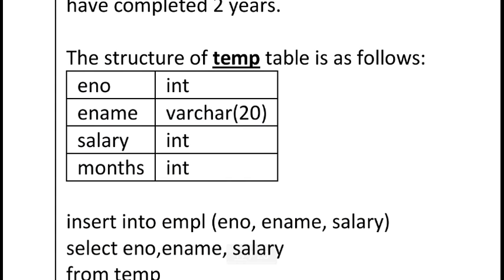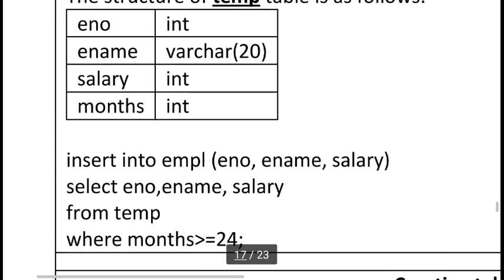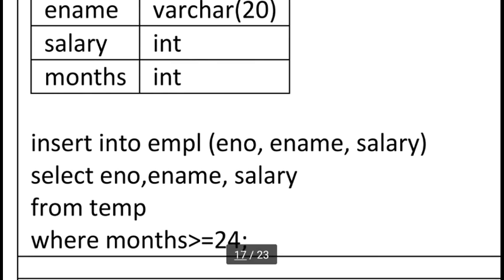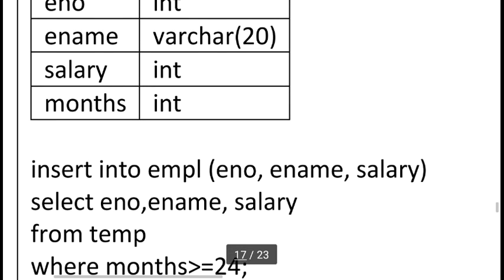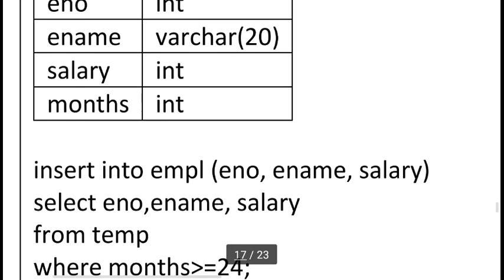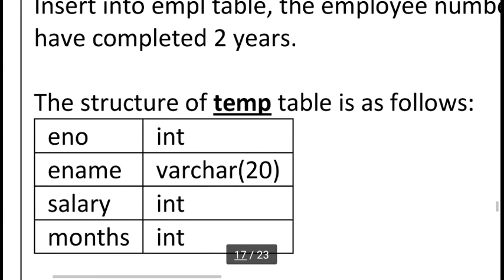In this temp table you can see the structure: employee number ENO, employee name varchar 20, salary integer, month integer. But we already have a table EMPL. So insert into EMPL employee number, ename and salary. But the data is available in the temp table.